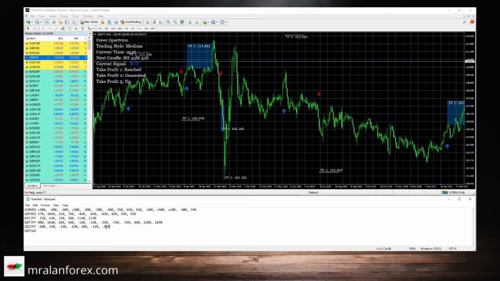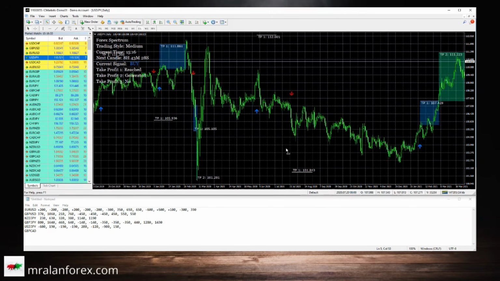And then because we're down, it doesn't hit the first take profit. We get stopped out here. So that's 50 pips profit times 3, that's 150.